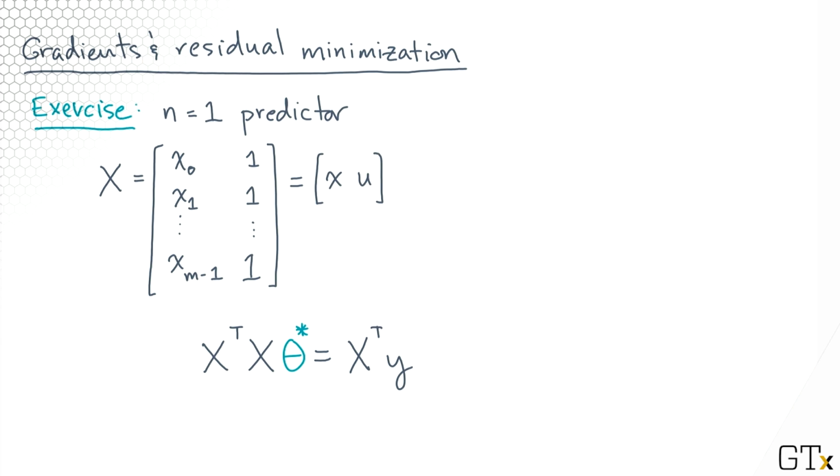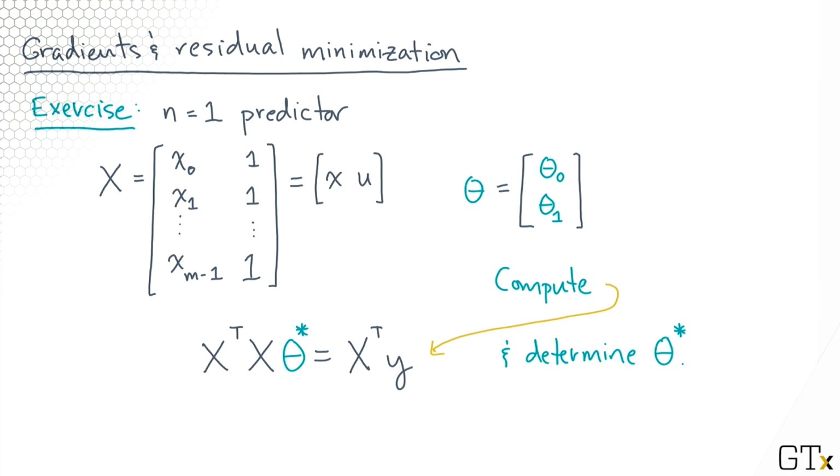Using u to denote this column of ones, capital X has two columns, little x for the predictor and u for the column of ones. In addition, theta is the two-component vector consisting of theta 0 and theta 1. So from this starting point, plug capital X and theta into the normal equation and determine theta star.